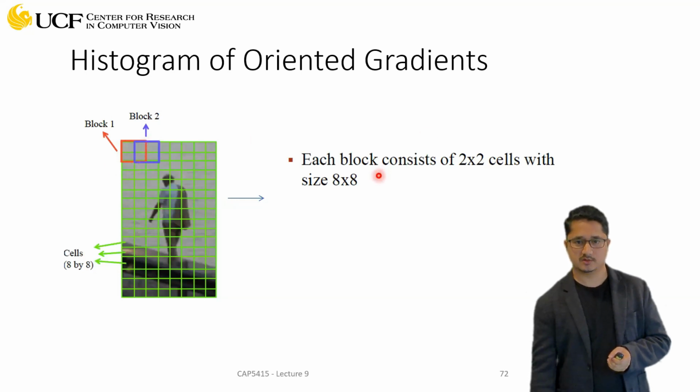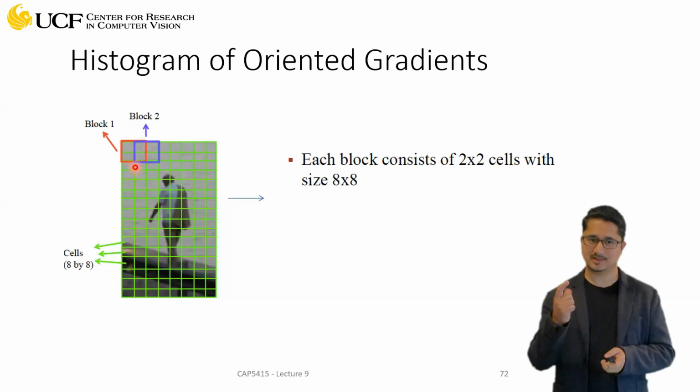Each block has 2x2 cells, which is 4 different cells, and the cell size is 8x8. Each cell is 8 pixels high and 8 pixels wide, which means your block will be 16 pixels by 16 pixels.